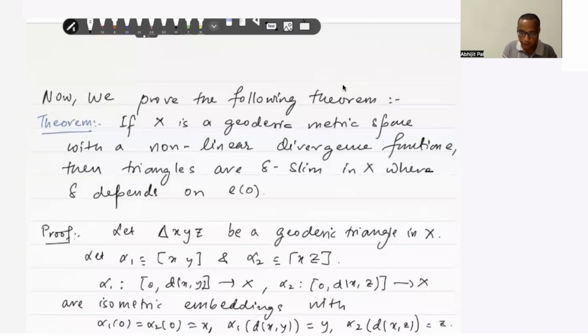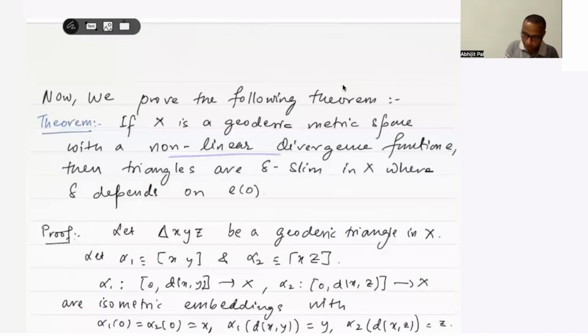Let X be a geodesic metric space with a nonlinear divergence function E. Then we will prove that the triangles are delta slim, and this delta depends only on E of 0. E is the divergence function given, which is nonlinear.